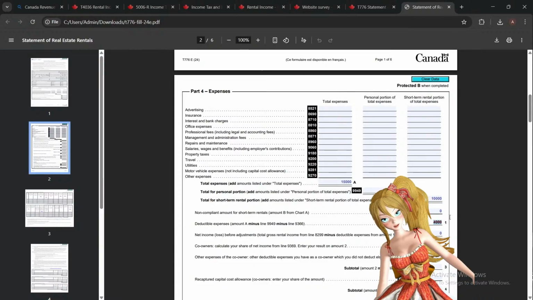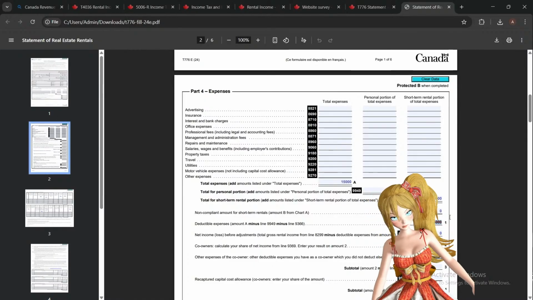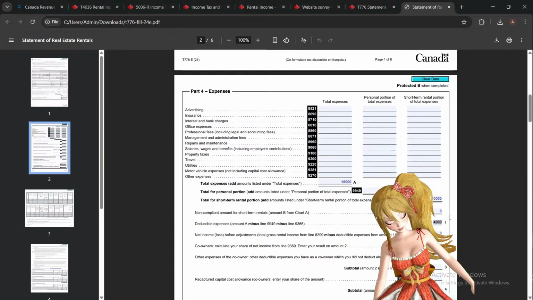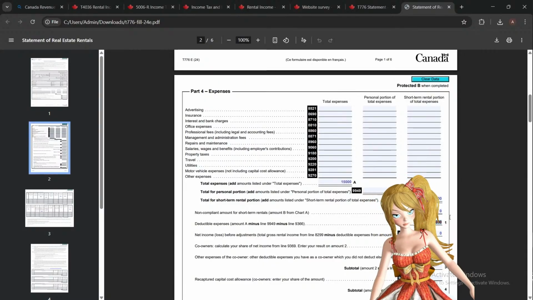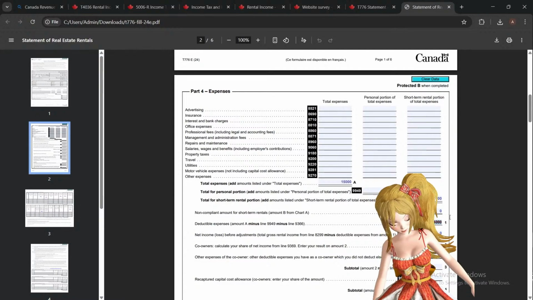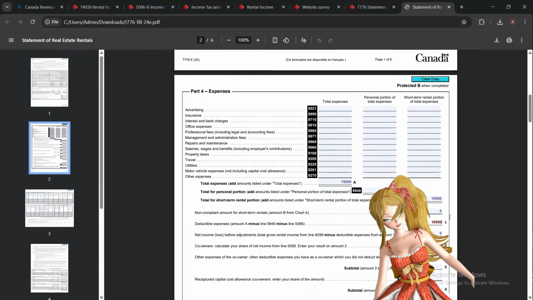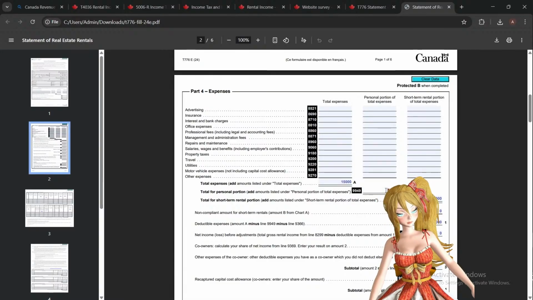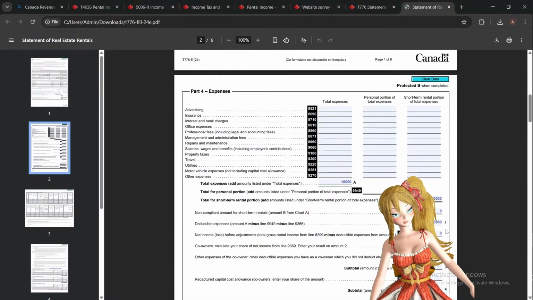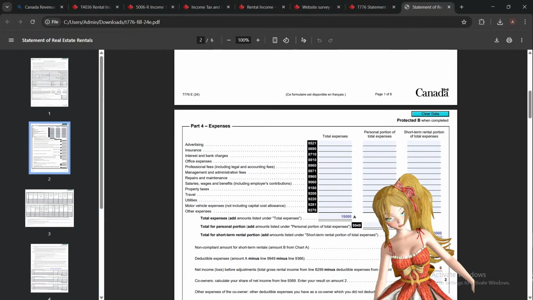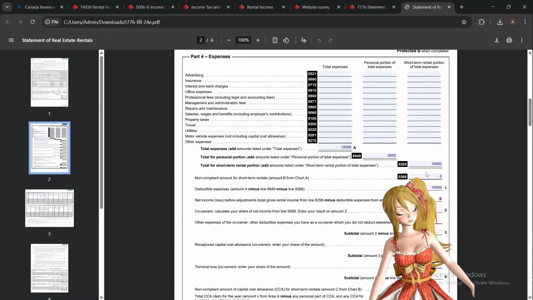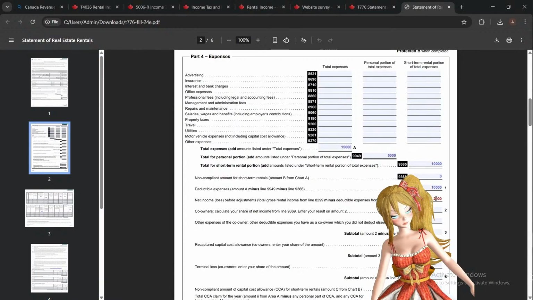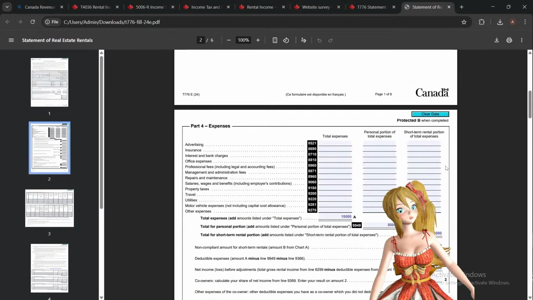So the deductible would be 15,000 minus the amount I live in, personal portion, minus the debt. So the deductible would be 10,000. Why is this the deductible? Why is the deductible not 0 or 5,000? And the net income is the amount I earned, 12,000 minus the deductible, 2,000. Wait, that actually makes sense.